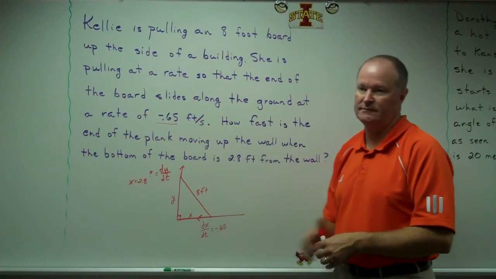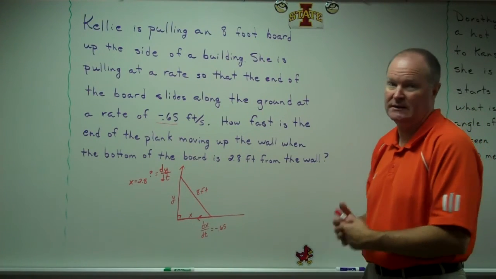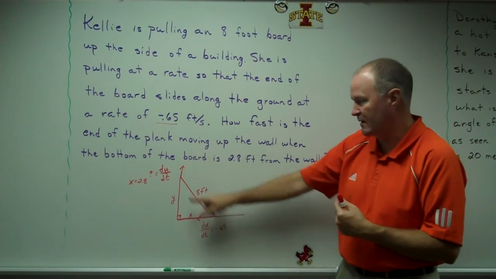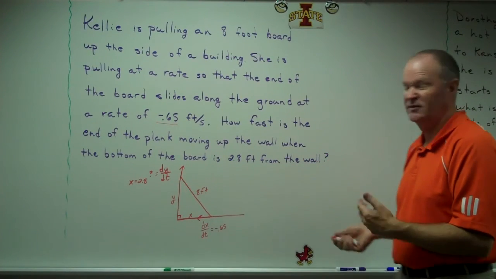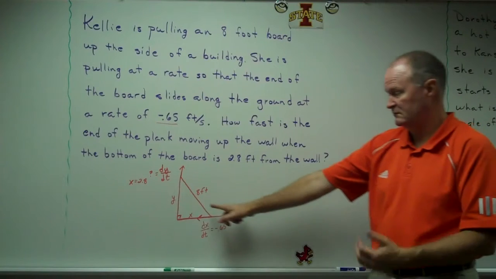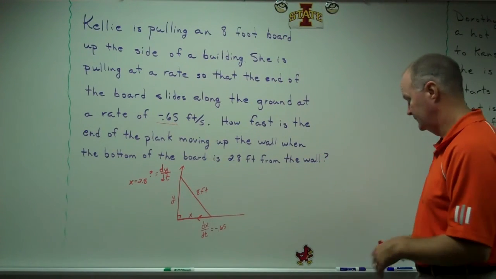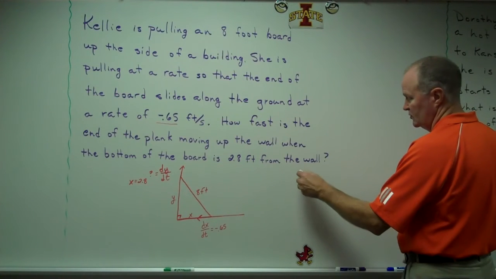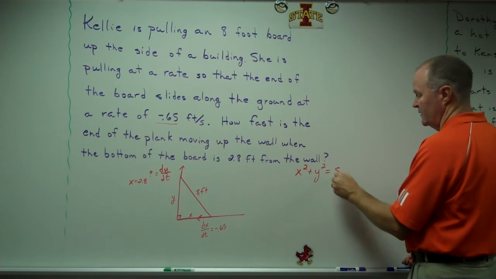Got a right triangle. I now need a relationship between x and y. Why am I choosing x and y? Because those are my rates that I've got to worry about. So the relationship I want, it's a right triangle. Give it a shot, right? X squared plus y squared equals 8 squared.